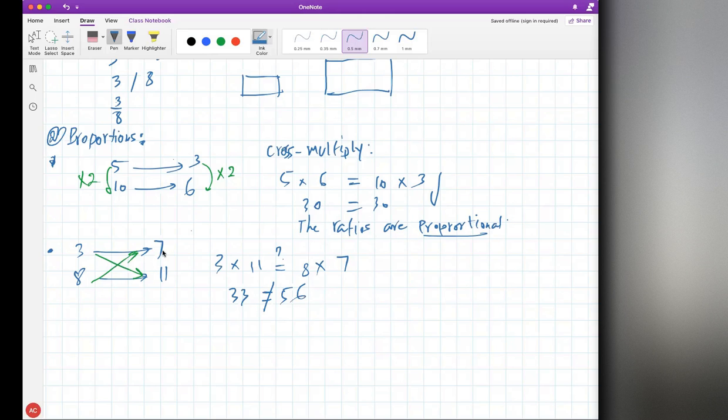These are proportional, but these are not related. So for example, if you buy 3 items for $7, it is false to say you can buy 8 items for $11. This is baseless. This is not true. So we say not proportional. So this is not something to go by. Or if you're cooking, for example, you can't rely on these ingredients because this is going to change or distort whatever quantities you have. So not proportional.